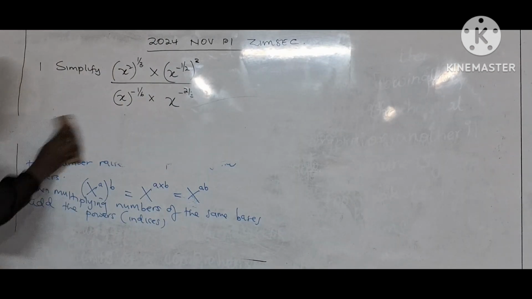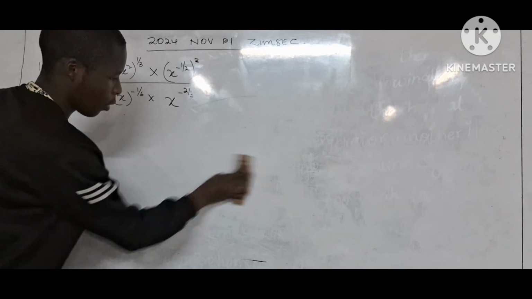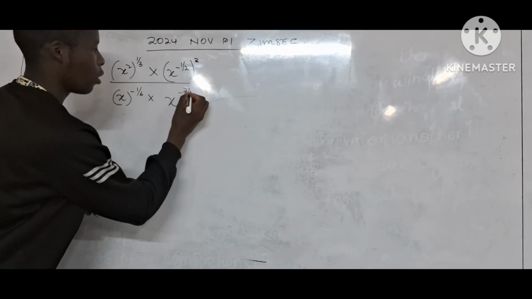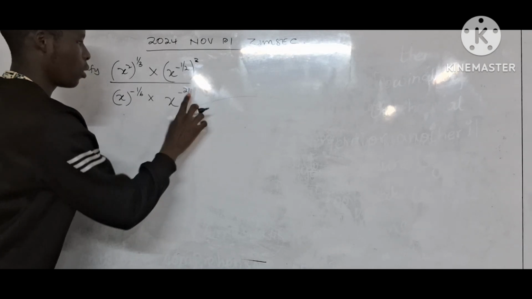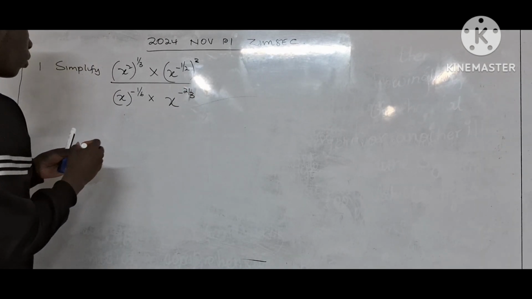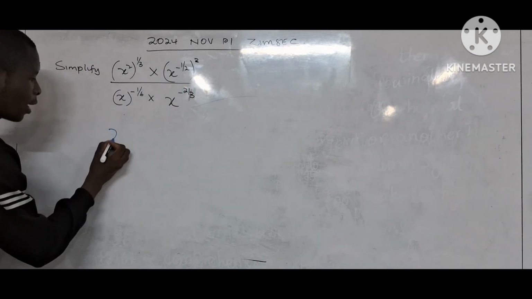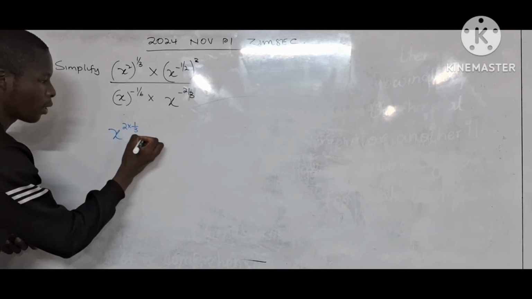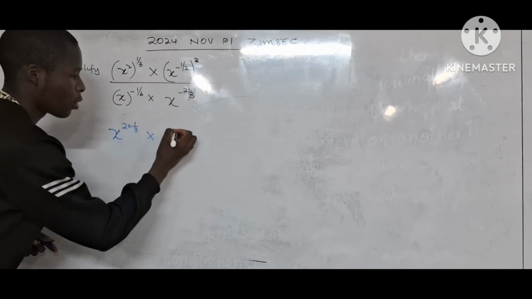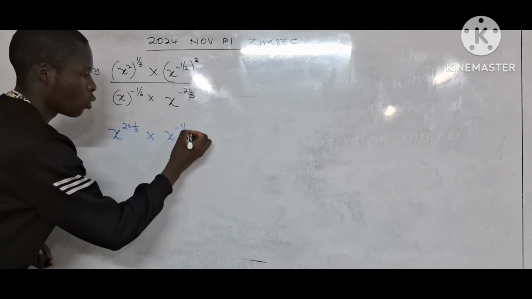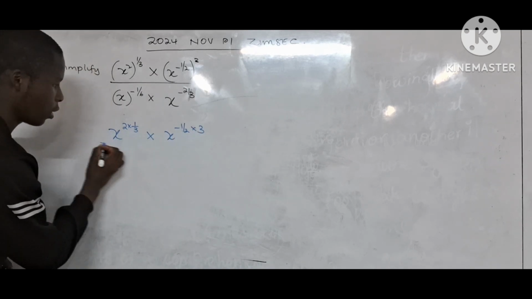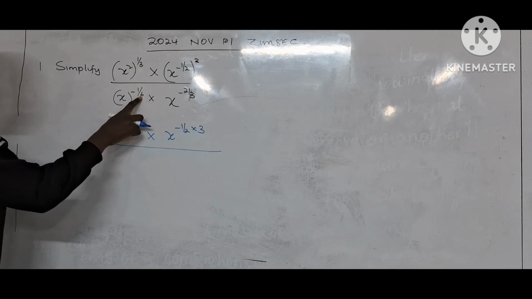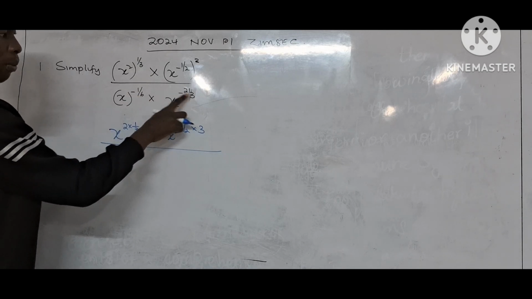I'm going to erase this part. So this is x to the power 2 times 1 by 3 times x to the power negative 1 by 2 times 3. Everything divided by x to the power negative 1 by 6 times x to the power negative 2 by 3.